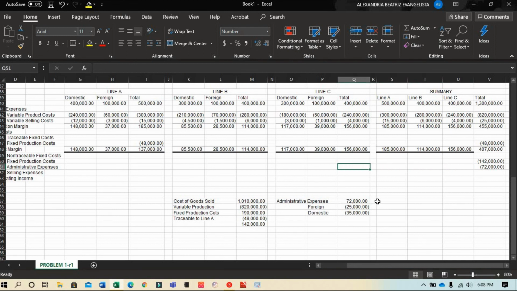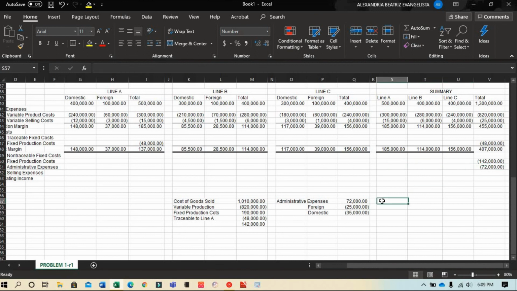How are we going to allocate these expenses among these three product lines and further allocate it accordingly in the markets? So we're just going to place it here.